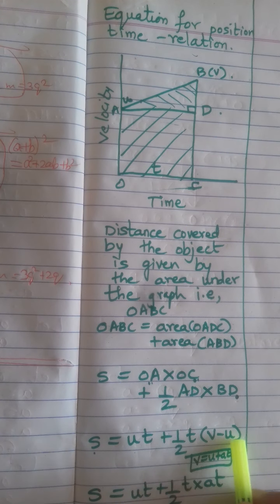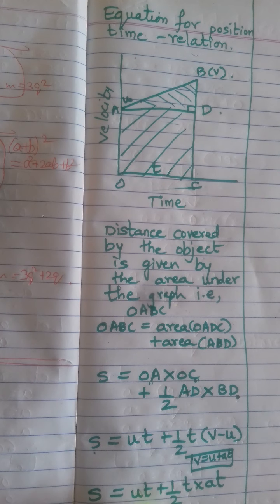So in place of v minus u, I have written at here. So S is equal to ut plus half at into t, which is t square. This is the position time relation. This equation is derived from the graphical method, from velocity time graphs.